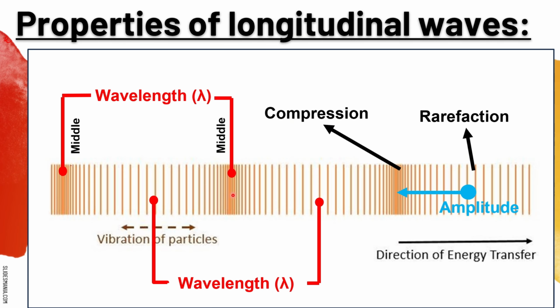For instance, here, if this was the middle of a compression, an amplitude will stretch from the middle of a compression to the middle of a rarefaction. So you will see here, let me indicate it to you. If it's from the middle of a compression to the middle of a rarefaction, this will simply be an amplitude. Same for this side, middle of a compression to the middle of a rarefaction is where an amplitude will stretch. So amplitude is therefore half a wavelength.